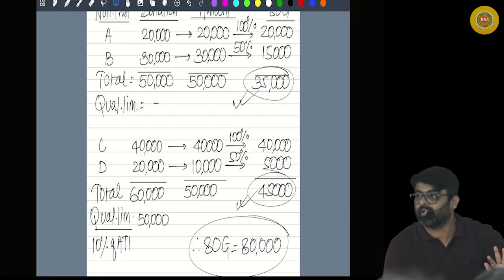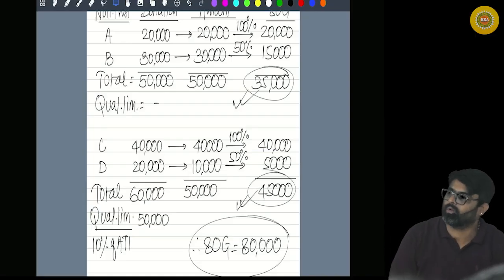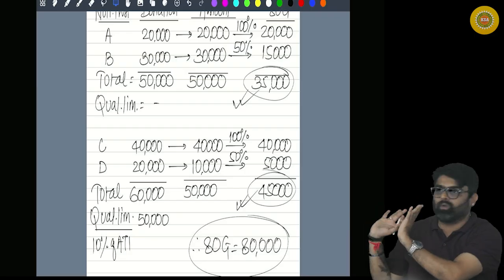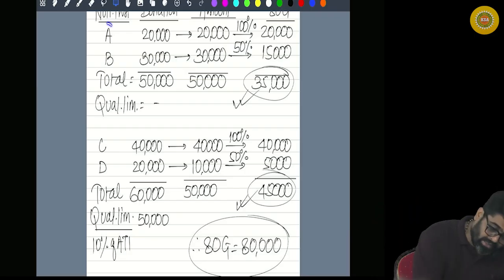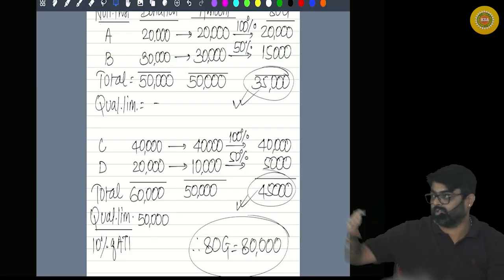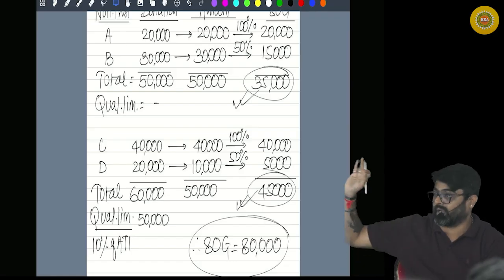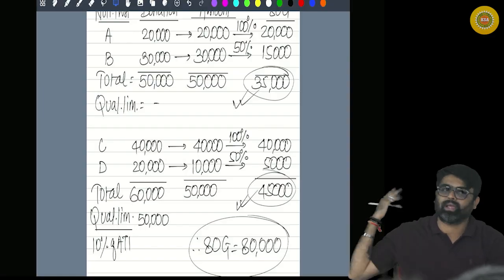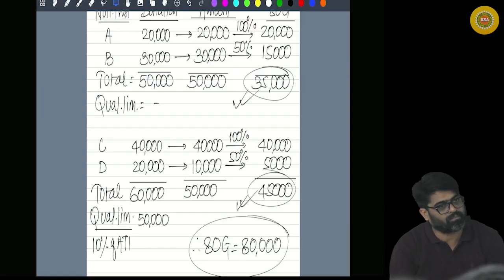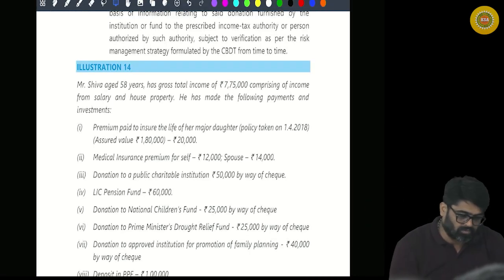Why? There is no time for that right now. Okay. So always do the calculation in such a way, but you will have to identify which category the donation belongs to. Five donations are given. Which is category A, which is category B, so that you can write the amounts in the correct places. Getting my point? Then the calculation is very easy.